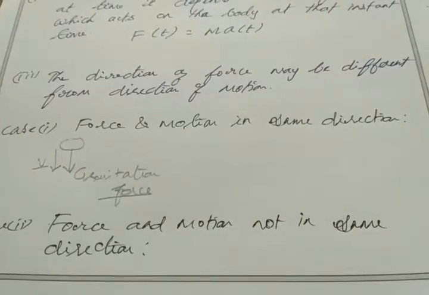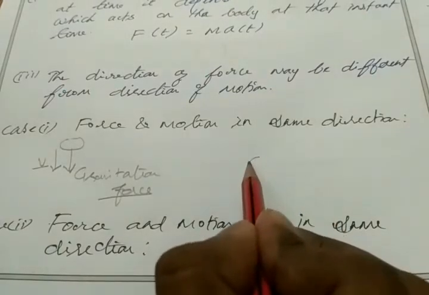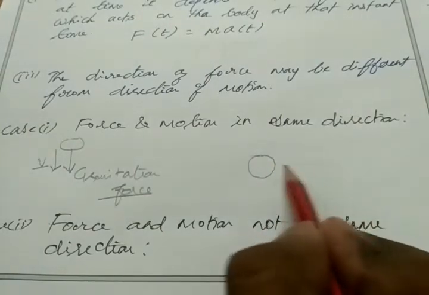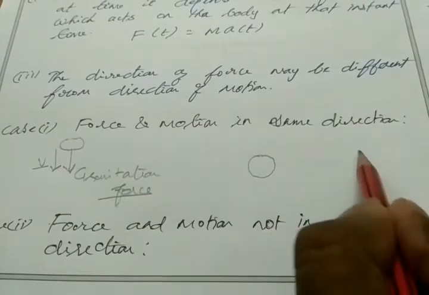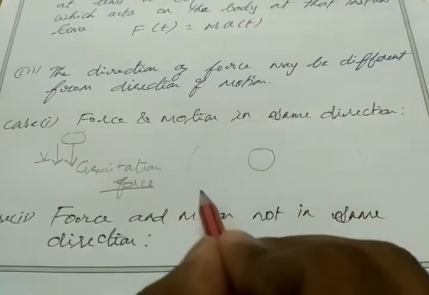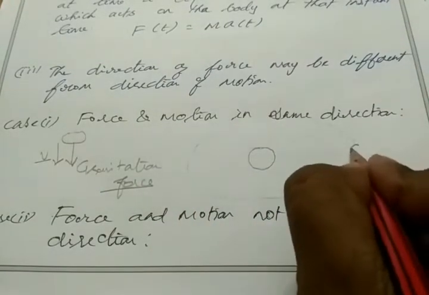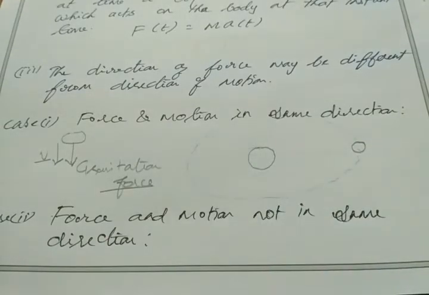The second case is force and motion not in the same direction, for example any kind of centripetal force. If you take our planet Earth, the moon is revolving around the earth in an elliptical path. Here we have our moon. What is the force acting on the moon?